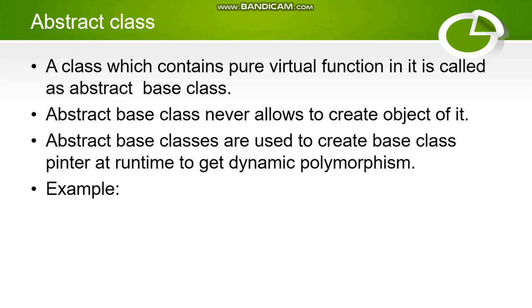So if there is a class A, and in that class I have declared one function as a pure virtual function, that particular class becomes an abstract class, and if the class becomes an abstract class, that class never allows you to create an object of it.